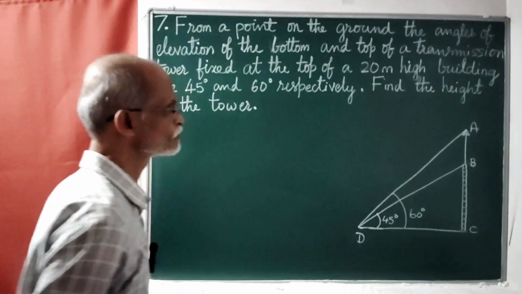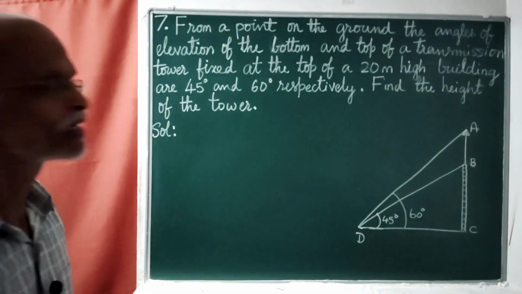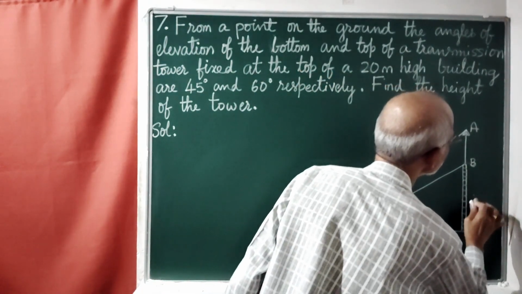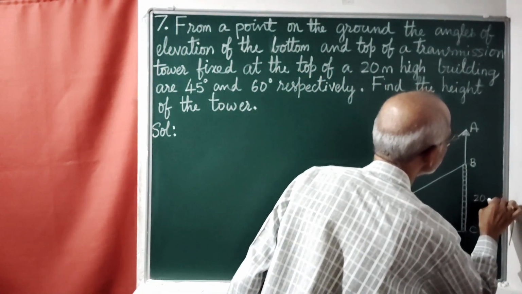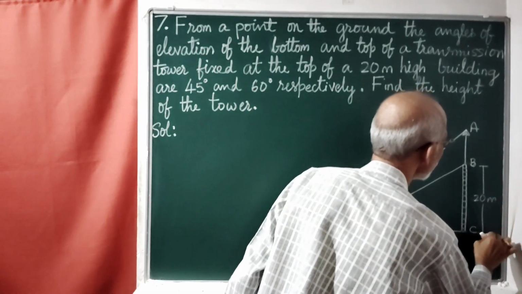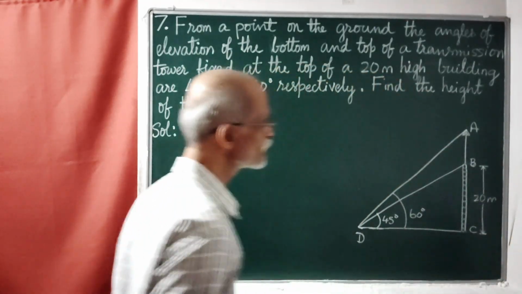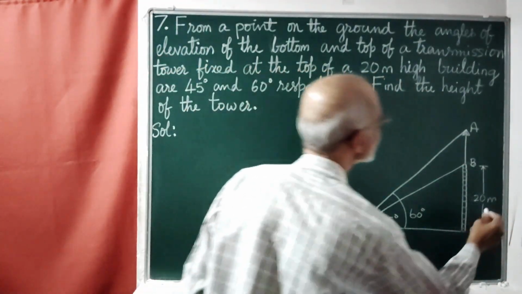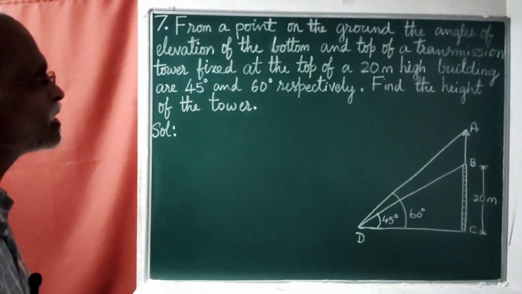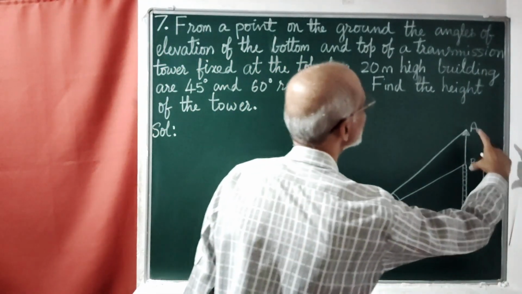So now here the building is 20 meter high. Now we have to find the height of the tower. That means we have to find the length of AB.